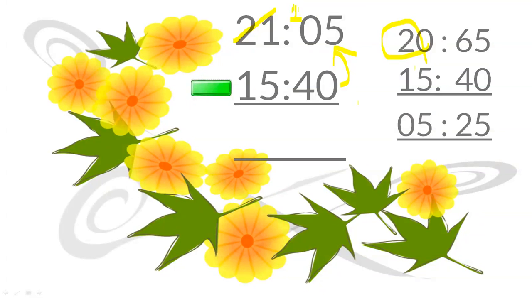Now it's given to us 1 hour from there. It means I have 60 minutes. So now this 5 becomes 60 plus 5, 65. That's great. Okay, so is it possible to subtract now?